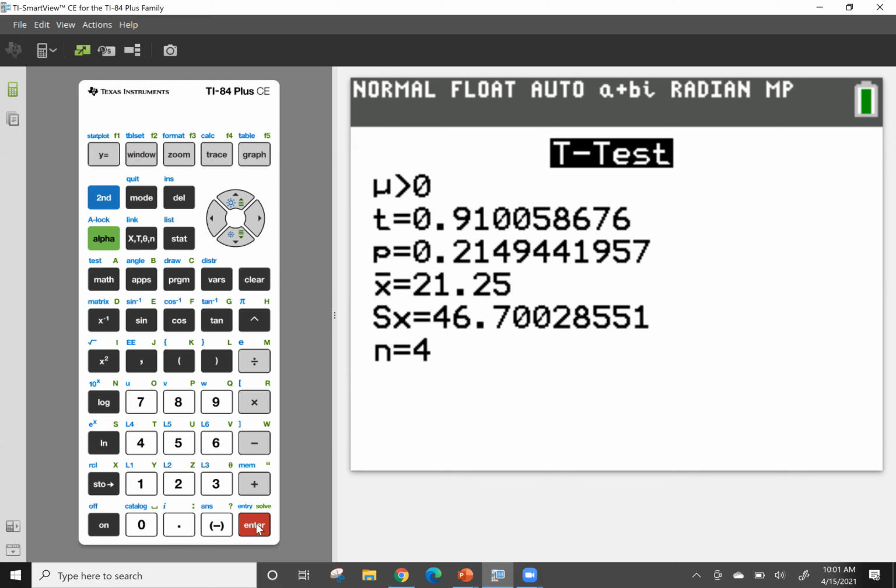Since the mean uses every value in its calculation, it can be greatly affected by outliers. Because look at the standard deviation. The standard deviation is 46.7. That's huge. Okay, so our p-value is 0.21, t was 0.91.